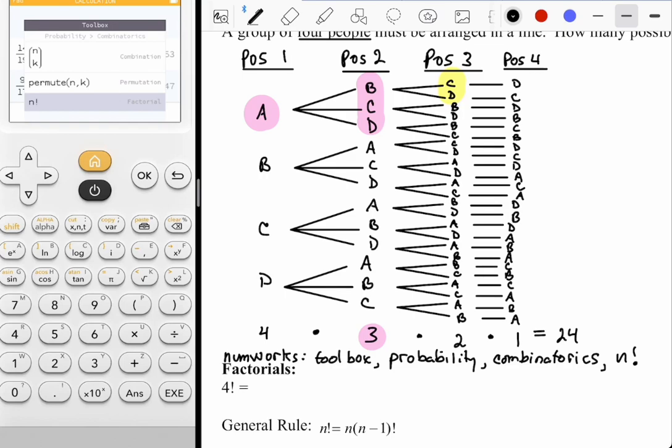All right. And again, this NumWorks that I have up on my screen, that's the same one that you would get if you download the app for your phone. All right, and it's free. And it's constantly getting updated. So, a lot of different reasons why you should get that.